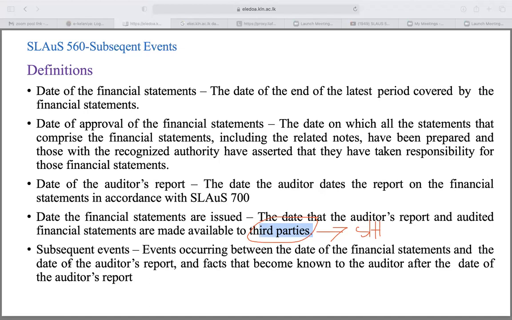Then, importantly, according to LKS 10 and SLAUs 560, what is the meaning of subsequent event?